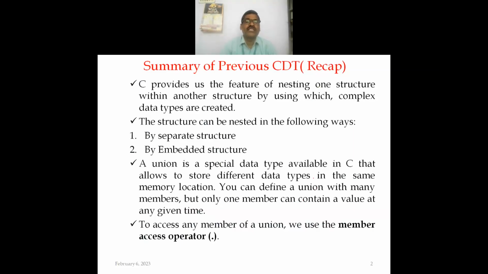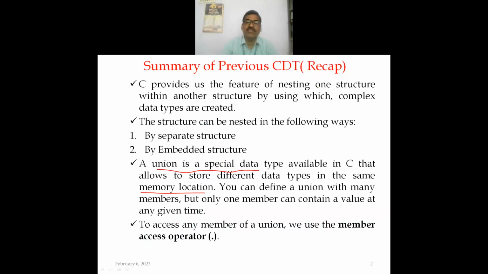So we had a discussion on union. Union is a special type of variable, which is a user defined data type similar to the structure. But in the union, the advantage is that it allocates less memory, and that memory is shared by all the members, one at a time, within the union.